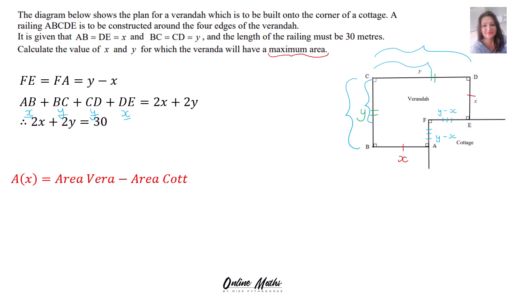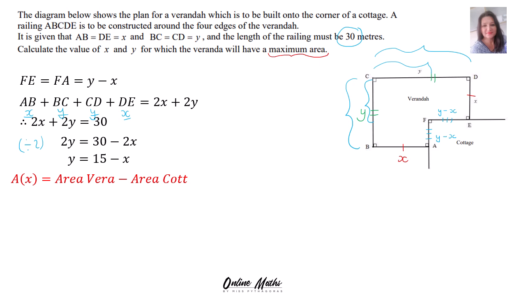So now, do you agree 2X plus 2Y, the perimeter, is equal to 30, since this is how much railing we need? And then we can write Y in terms of X by taking X across and then divide right through by 2. So there's Y in terms of X. Y is equal to 15 minus X.